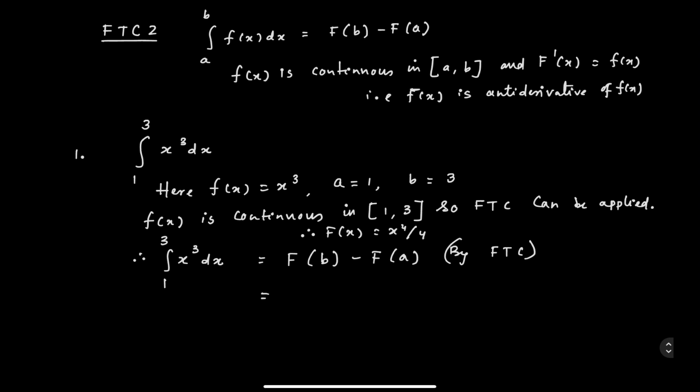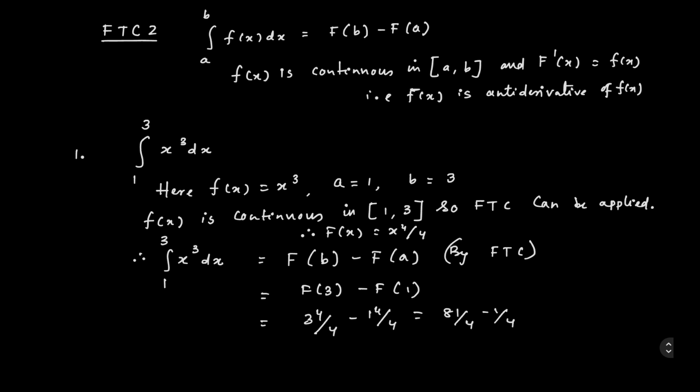So F of b will be F of 3. So F of 3 minus F of 1. So F of 3 will be 3 raised to 4 by 4 minus 1 raised to 4 by 4. That is 81 by 4 minus 1 by 4. So 80 by 4, the answer is equal to 20.